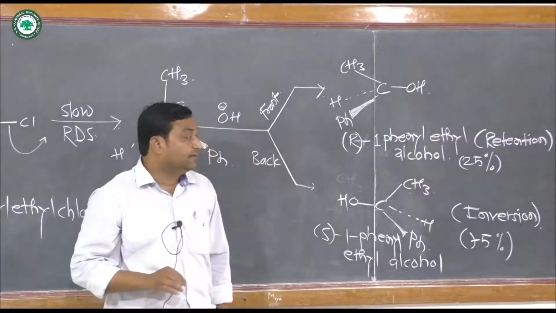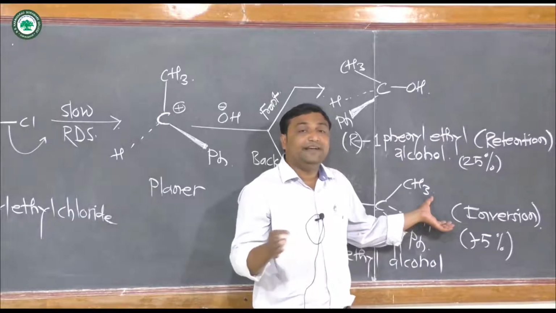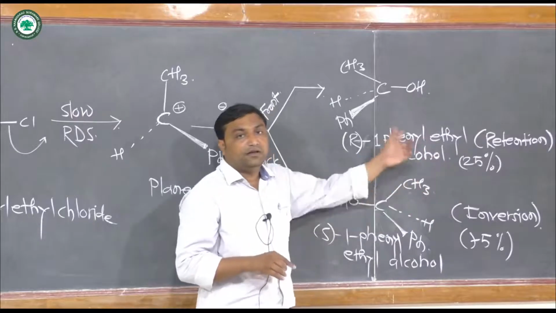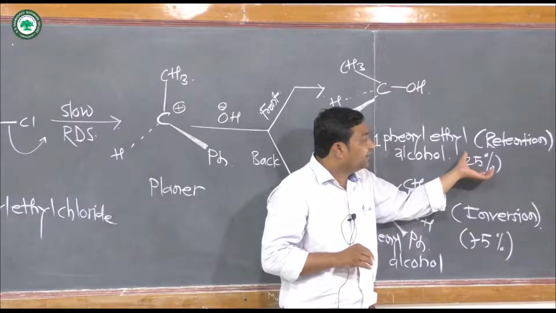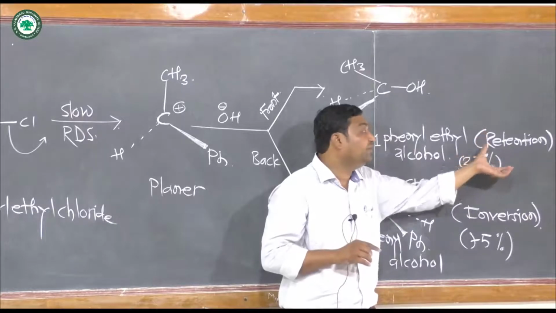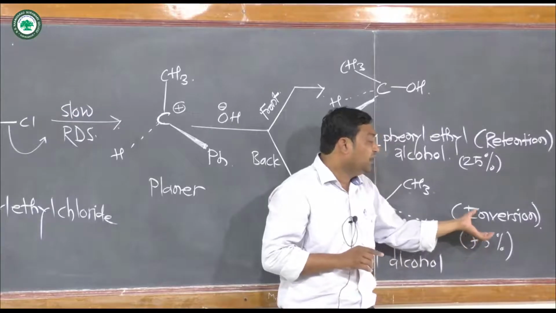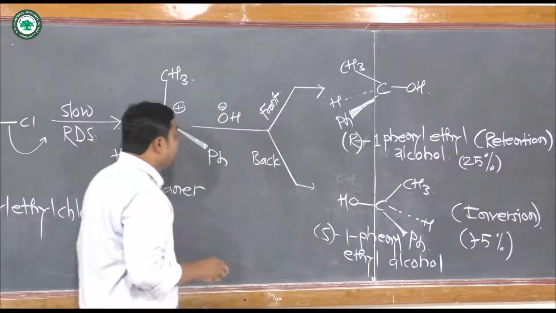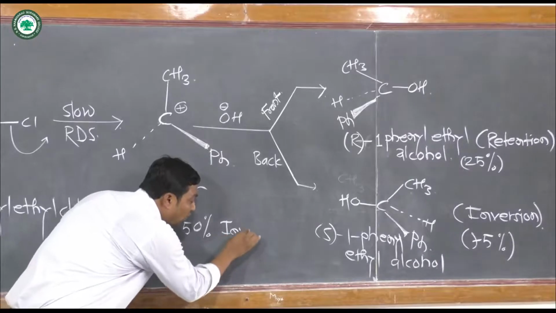When we calculate how many percent of product will be obtained in this reaction, the rotation of the 25% retention product cancels out the 25% of inversion of configuration, which results in 50% inversion of product.